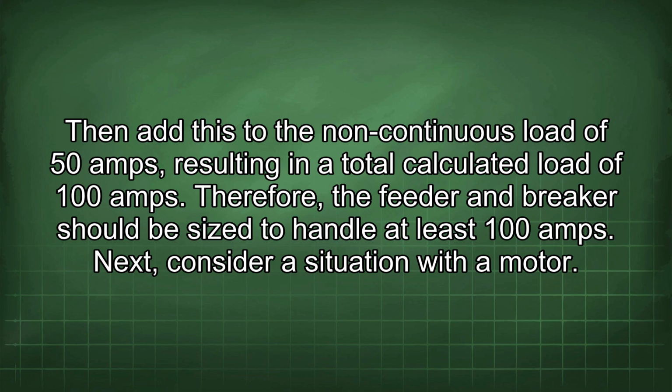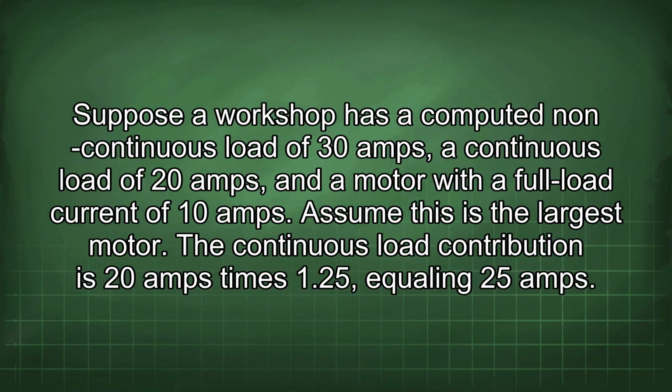Next, consider a situation with a motor. Suppose a workshop has a computed non-continuous load of 30 amps, a continuous load of 20 amps, and a motor with a full load current of 10 amps. Assume this is the largest motor. The continuous load contribution is 20 amps times 1.25, equaling 25 amps.